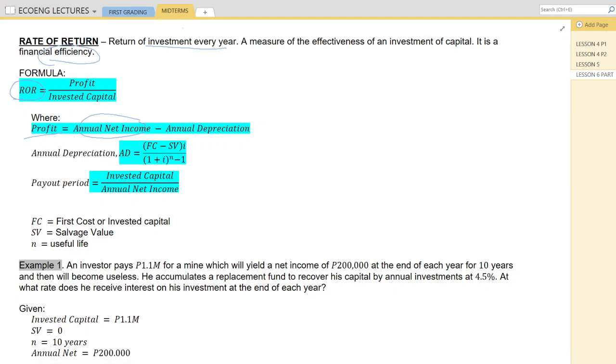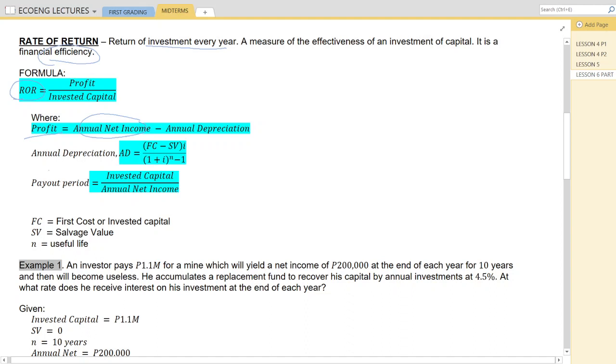If the operating and maintenance cost of a certain project is given, you have to deduct those in the annual net income. That is compared to the gross income, which is earned before taxes or other deductions.